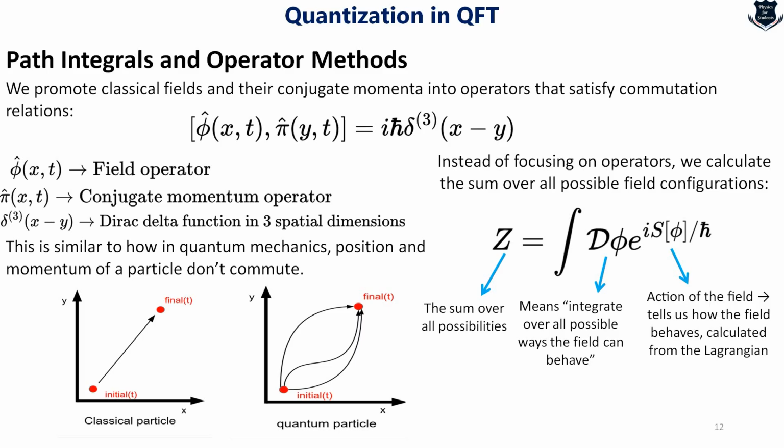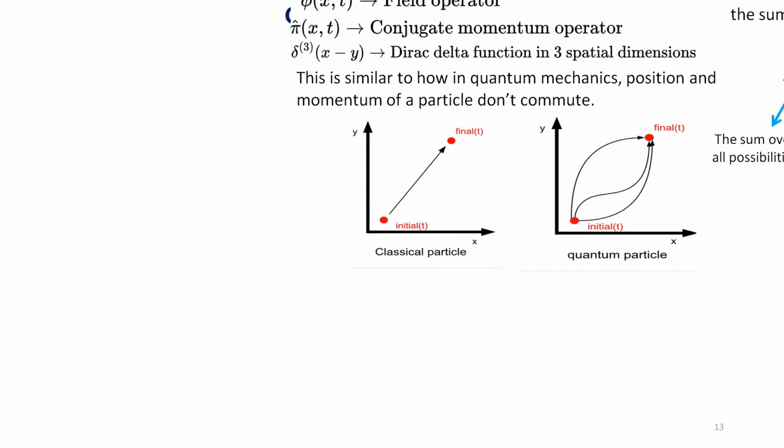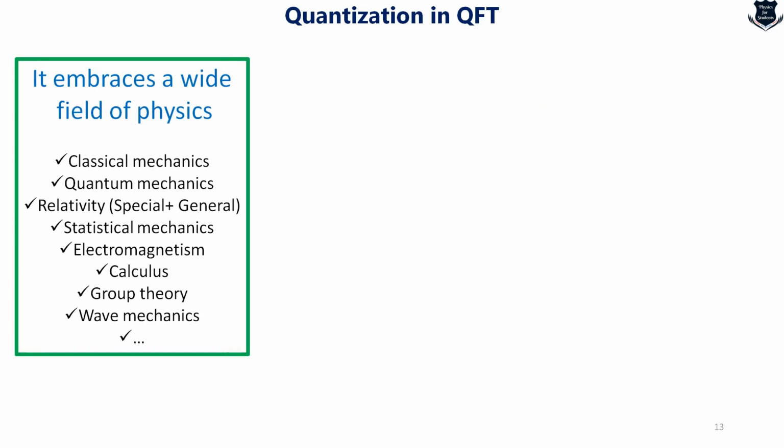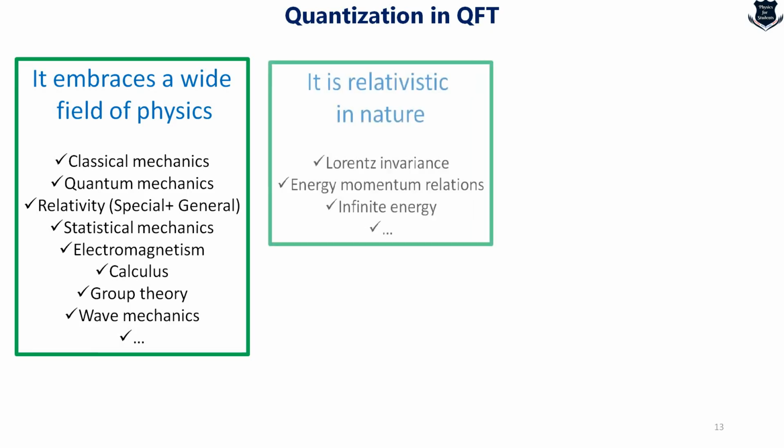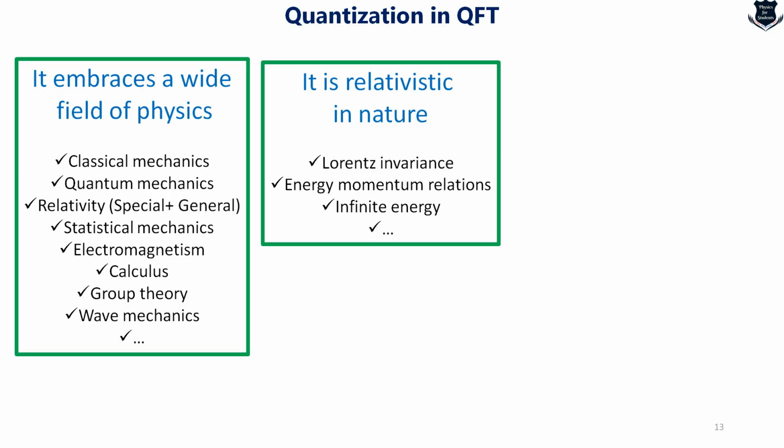These are the ways and the change in terms of understanding quantum field theory, and from here there are a few points we need to remember. It is not difficult, it is challenging, because it comprises classical mechanics, quantum mechanics and special relativity. You need to know electromagnetism as well as mathematics including calculus, group theory, wave mechanics and so on. You are not dealing with something classical in nature, so consider Lorentz invariance and all kinds of transformations because it is relativistic.